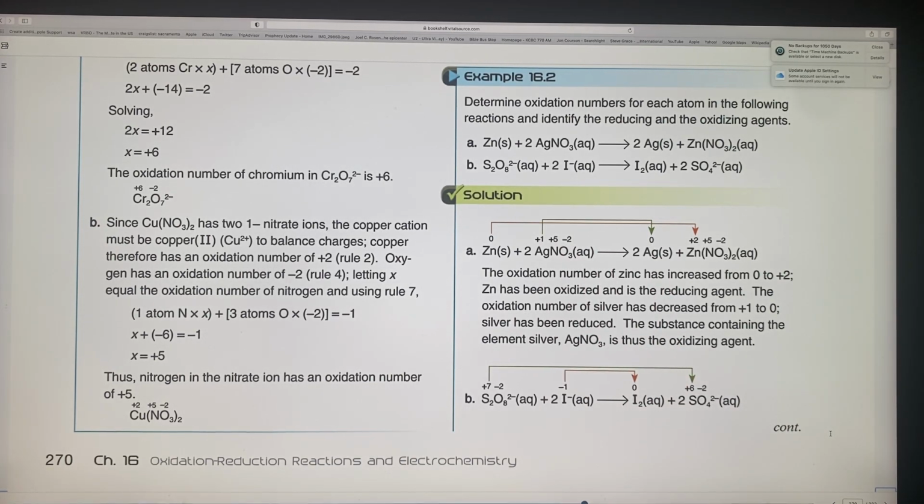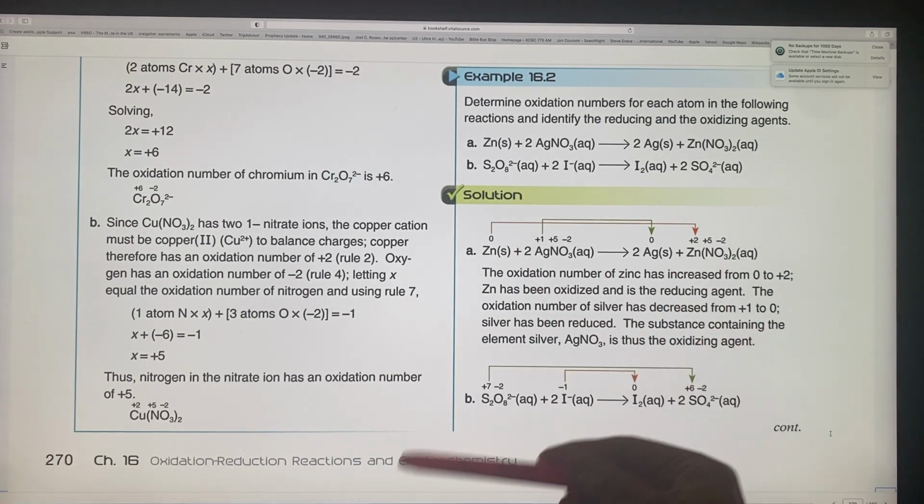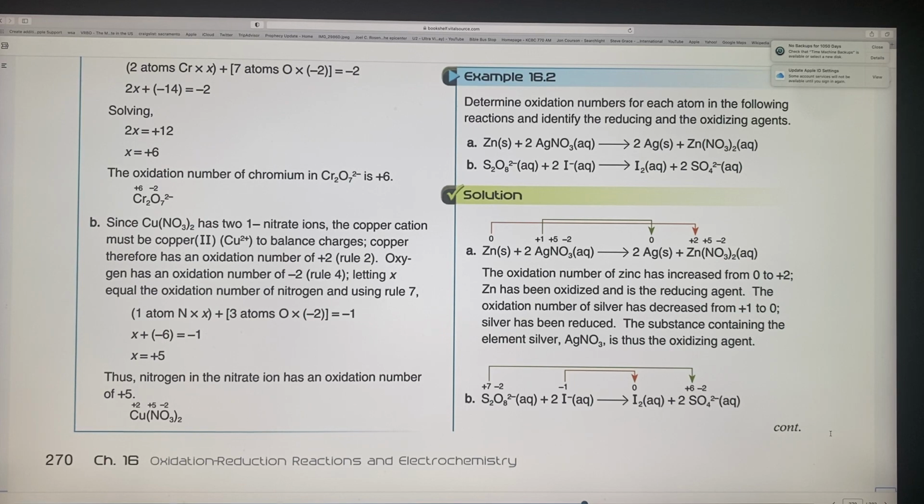So the oxidation number of zinc has increased from 0 to +2. So zinc has been oxidized and is the reducing agent. So 0 to +2 is oxidized, and it's the reducing agent, just the opposite.